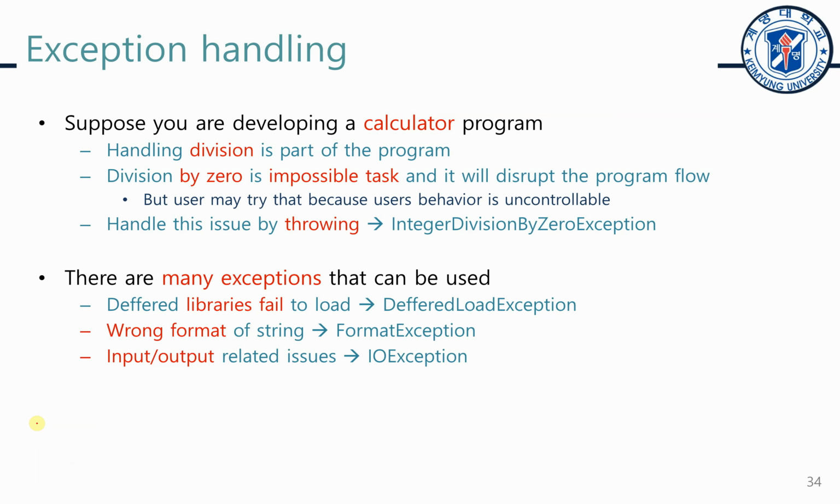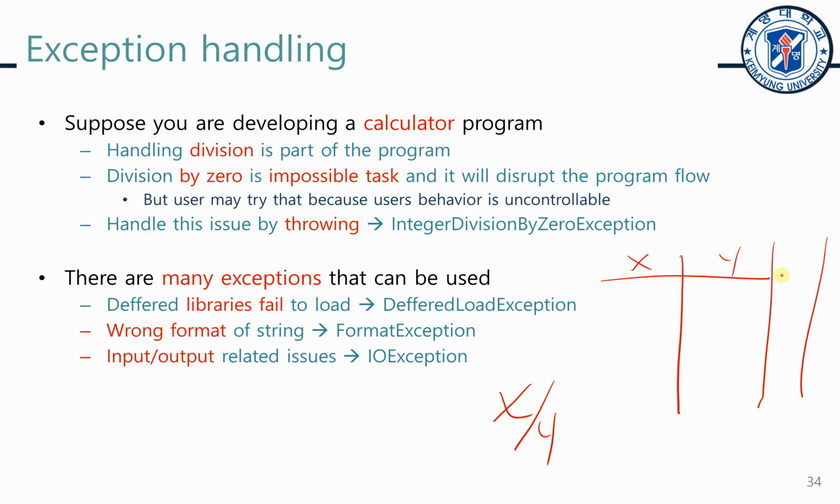Let's say you have a table, with the x value and the y value, and you are doing x over y. So you can have 1, 3, 5, 7 and 2, 4, 6, and then 0. Your program should work for this one.